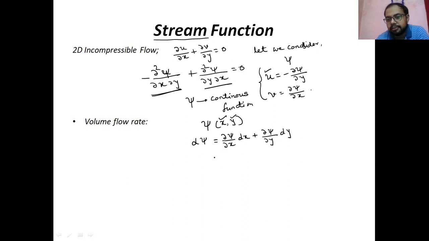The first term is nothing but v, and the second is minus u. So we can write d psi as v dx minus u dy.